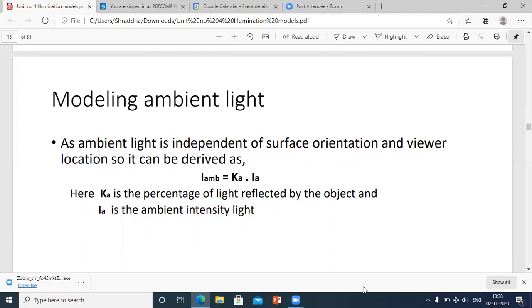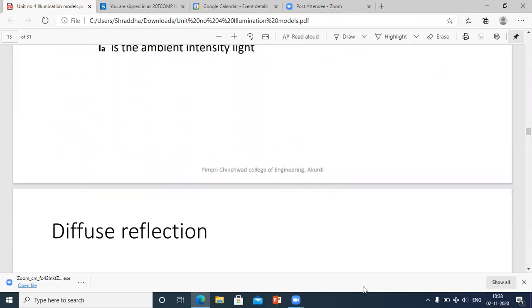Whatever light is reflected by a given particular object is denoted with Ka. And Ia is the ambient light intensity, meaning how intensely the background light, or ambient light, is coming.